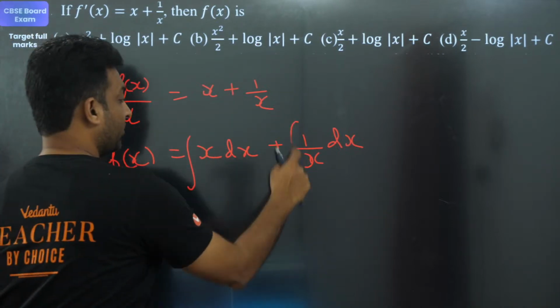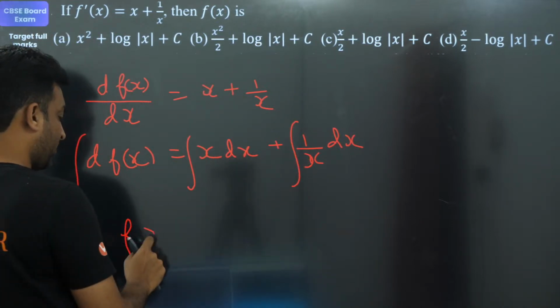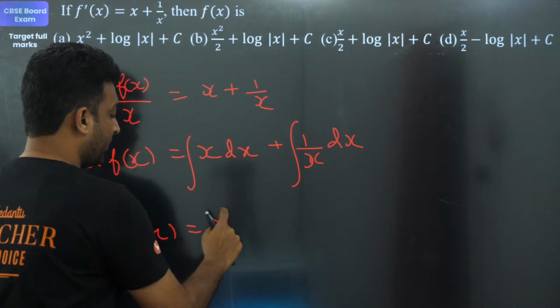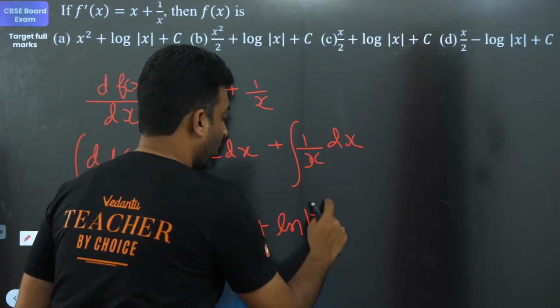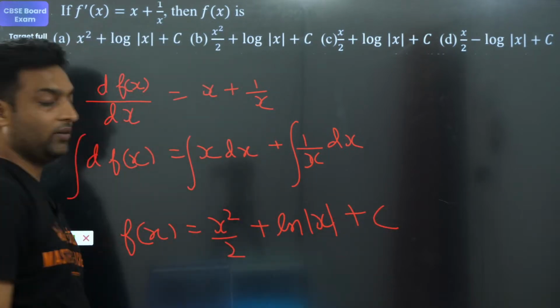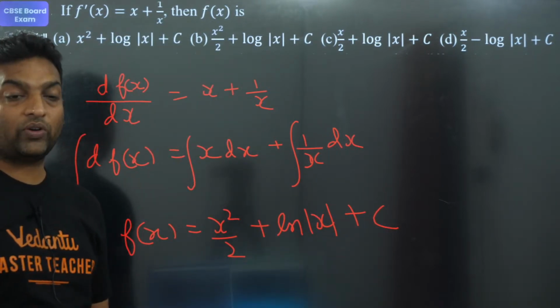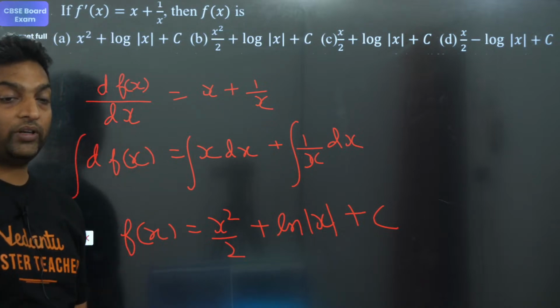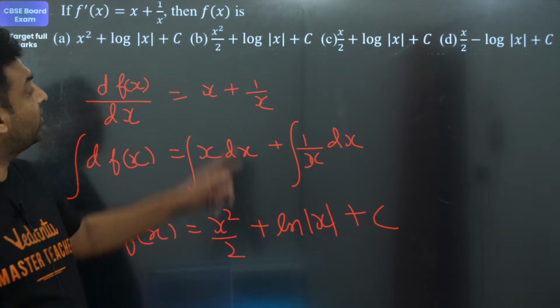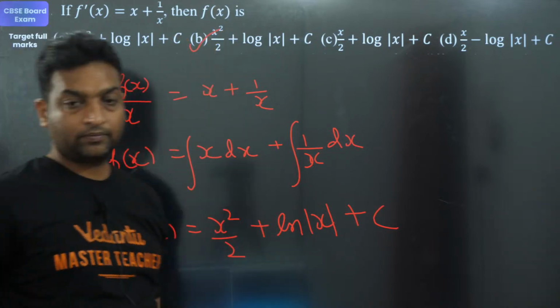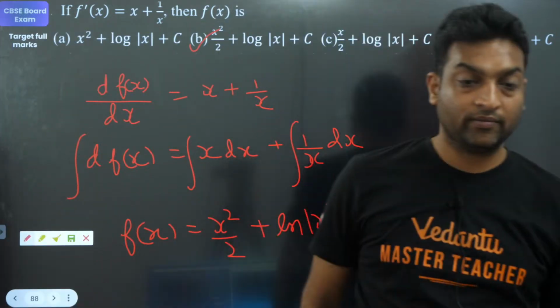Integrating both sides, f of x, x का integral x square by 2, 1 by x का integral log mod x plus c. Any doubt you can ask. ln means log only. x square by 2 plus log mod x plus c. Done, easy है.